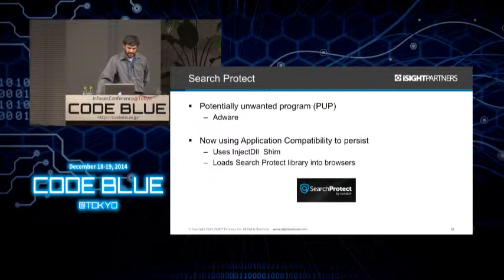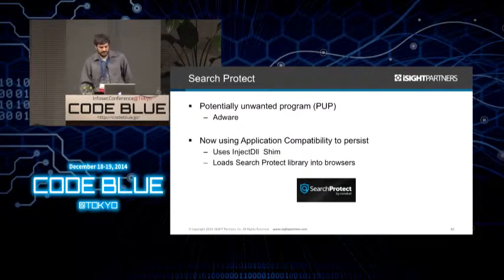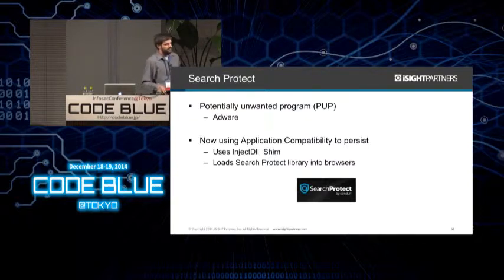This is actually something I saw using application compatibility to persist. So it's not like this program has a monitor process that's constantly looking for, did you kill the malware, to restart itself. This is actually using the application compatibility framework to persist. So it utilizes the InjectDll shim, and it registers it for Internet Explorer and Firefox.